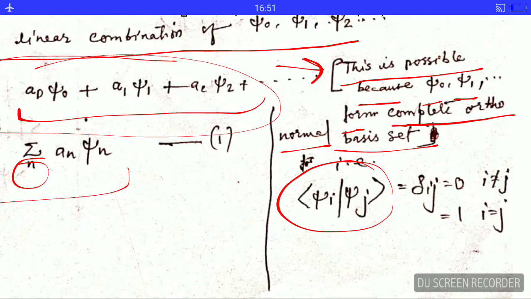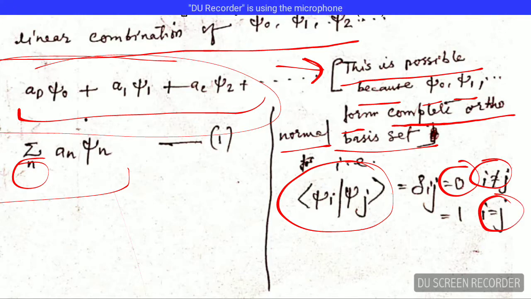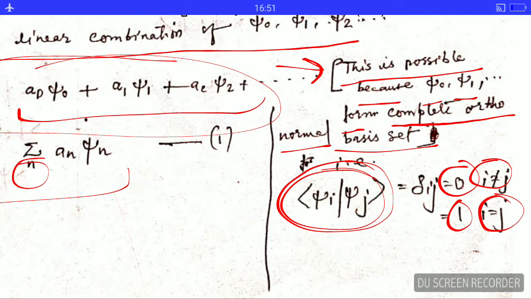That means if their subscripts are unequal, it will give you 0, but if they are equal, it will give you 1. So the scalar product is orthonormal. It is a fact in mathematics that if the basis sets are orthonormal, then you can expand any other function in terms of these basis sets.